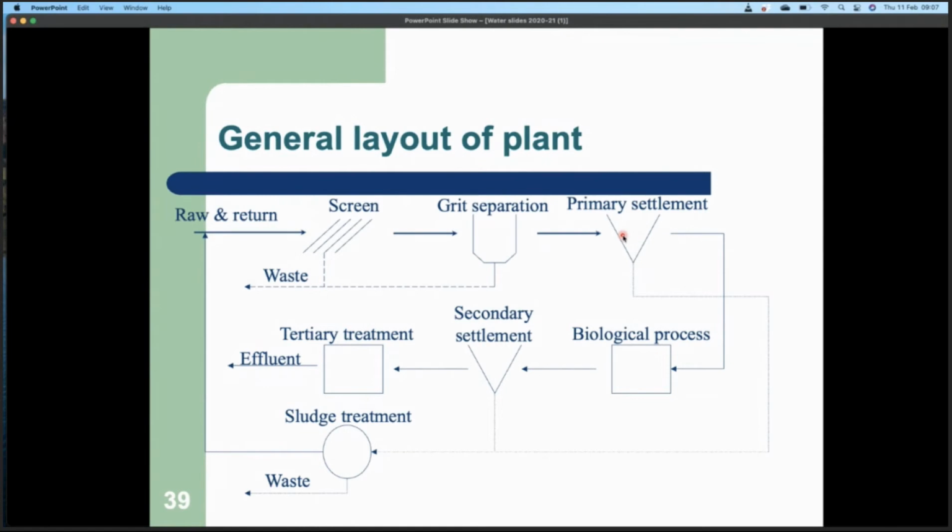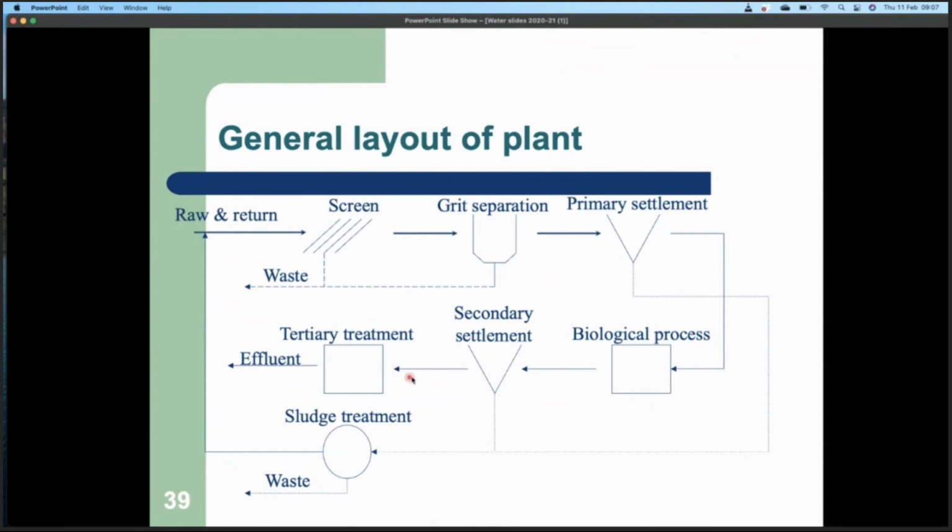This stuff gets collected by gravity at the bottom of these tanks, then flows over into the biological process where we have the bacteria doing their work, and you have more on the bacteria later on in the session. After we've grown all these bacteria in the secondary treatment, we have to remove them before we release the water into the environment, and that's why you have secondary settlement, where nothing much else is happening than that you collect the bacteria and discharge them.